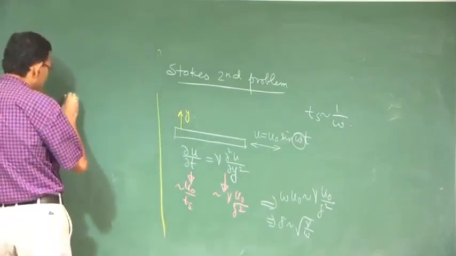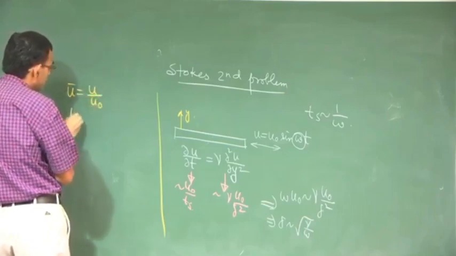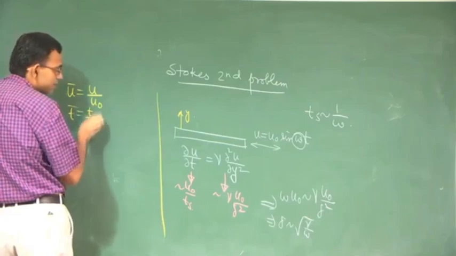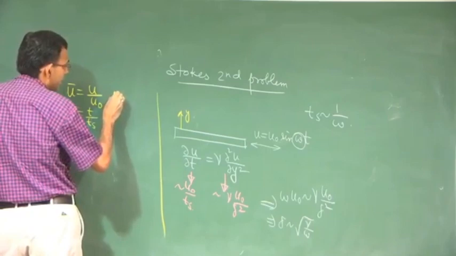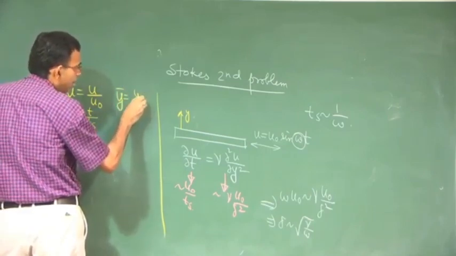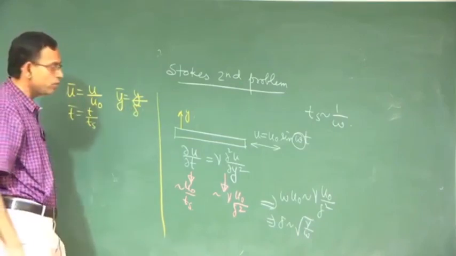Let us say you have u non-dimensional as u by u0, t non-dimensional as t by ts, where ts is 1 by omega, y non-dimensional is y by delta, where delta is square root of nu by omega.